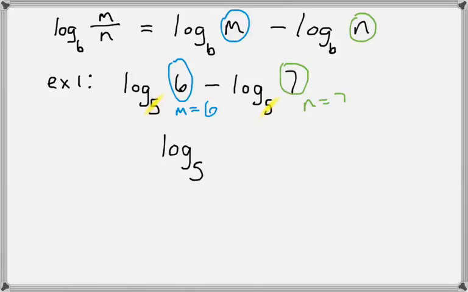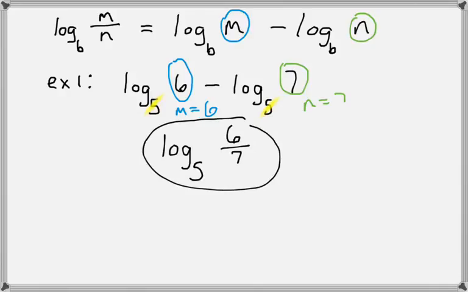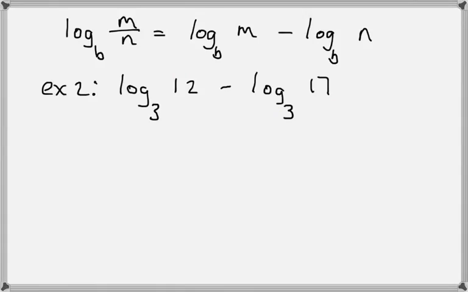So we can rewrite these two different logs, the log base 5 of 6 minus the log base 5 of 7, as a single log, log base 5 of 6 over 7, and that would be our simplified answer.